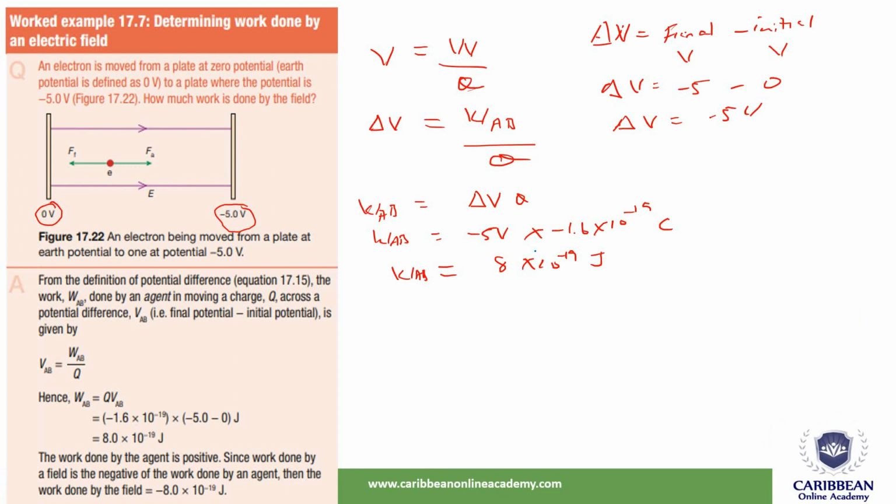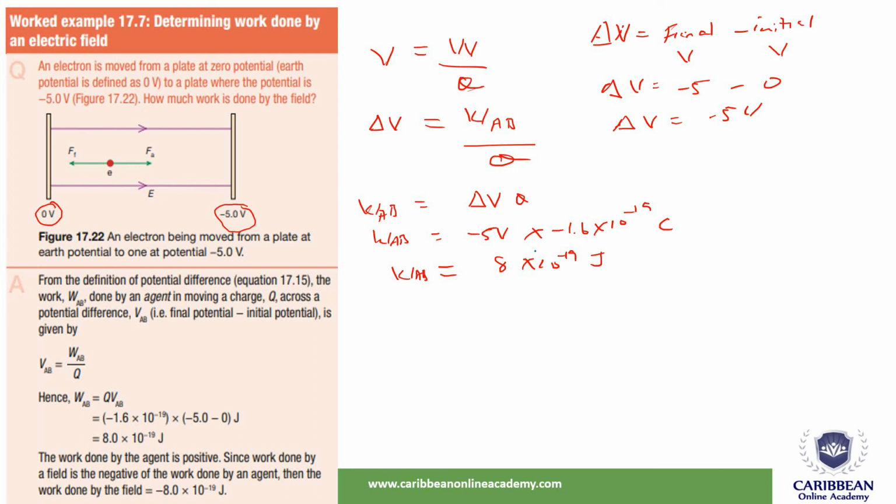Okay, let's look at this scenario now. It says an electron is moving from a plate at 0 potential to a plate where the potential is -5. It says, how much work is done by the field? So we have an electron, which is negatively charged, right?